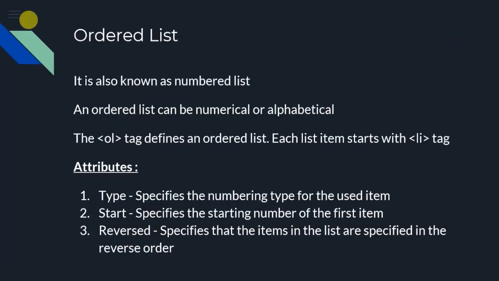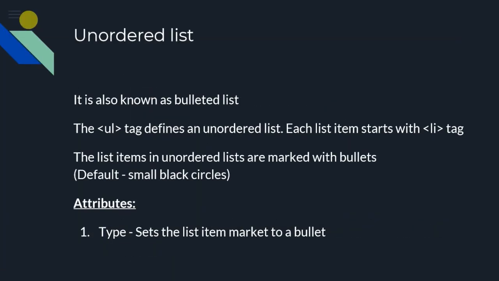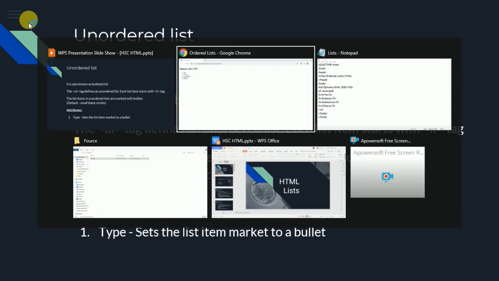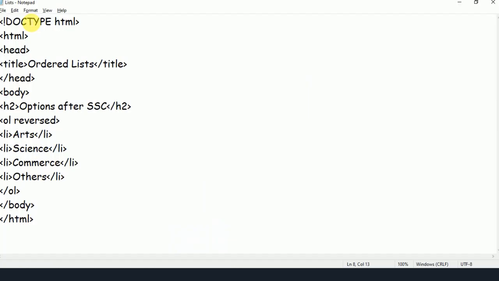Next is an unordered list. Now unordered list is also called as bulleted list. Just like you had OL tag in ordered list, here you will have UL tag. The list items in unordered list are marked with bullets, and the default one is a small black circle. So let's see, we'll go ahead with the same example only. I'll just do a minor change out here.